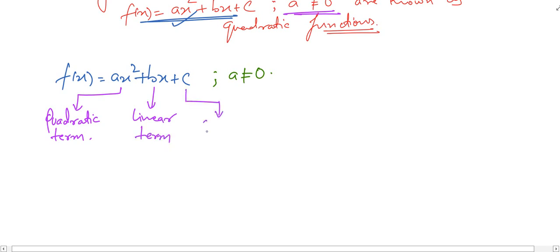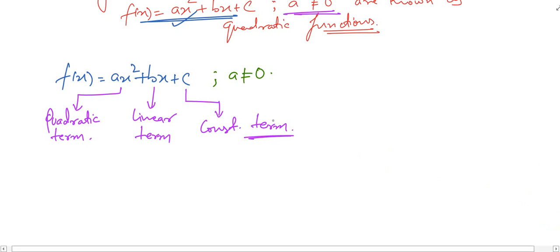And this is the constant term. Very nice. So these quadratic functions are actually made up of 3 terms. The first one is the quadratic term, the second one is the linear term with degree 1, and the constant term with degree 0, right? This is a constant term, so its degree is 0, right?